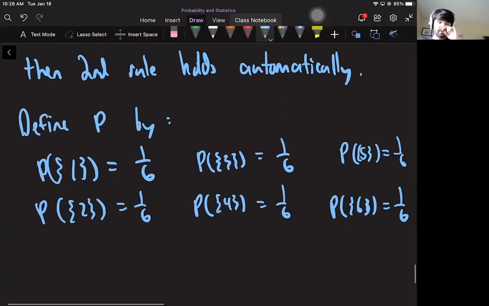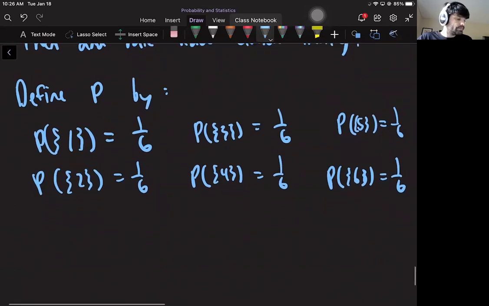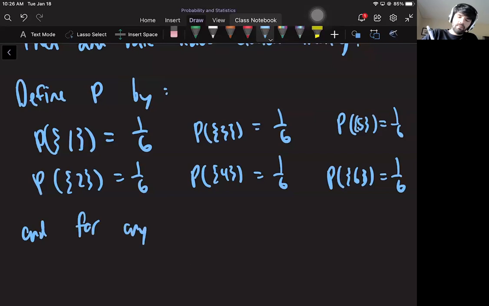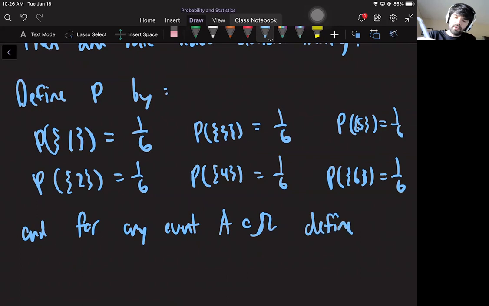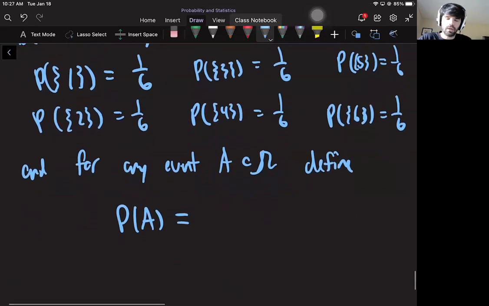Okay, so I'm just going to say what the probability of each outcome is as an event like this. And for any event A in the sample space, here's how we define its probability. So we're going to use fancy sum notation to get everything exactly the way we want it.